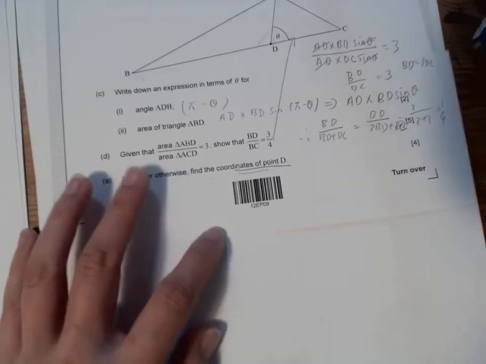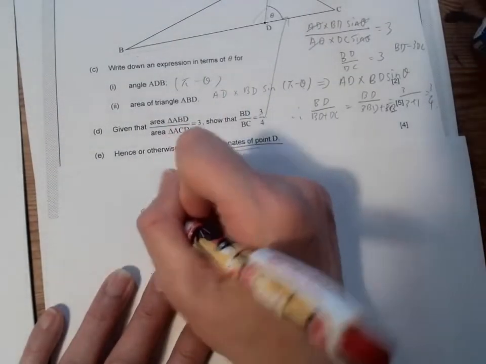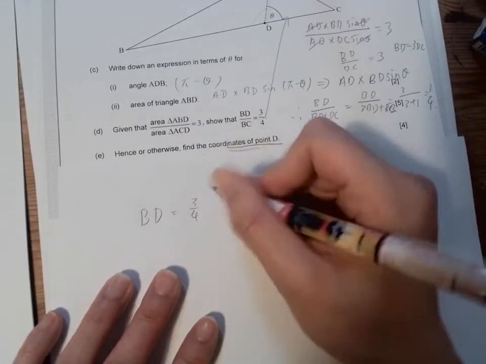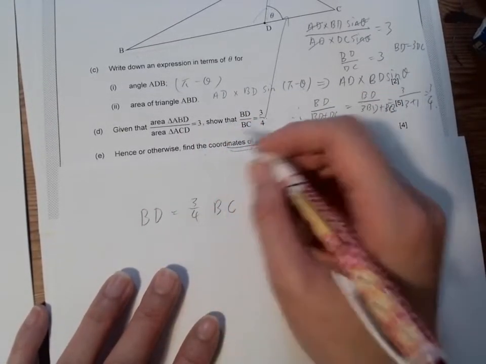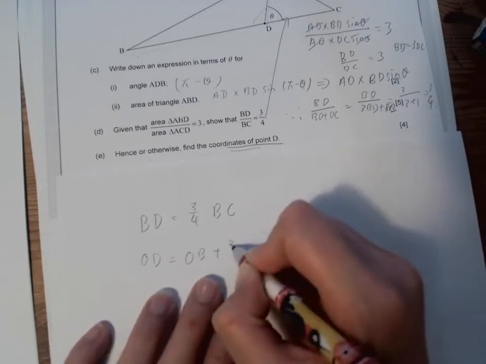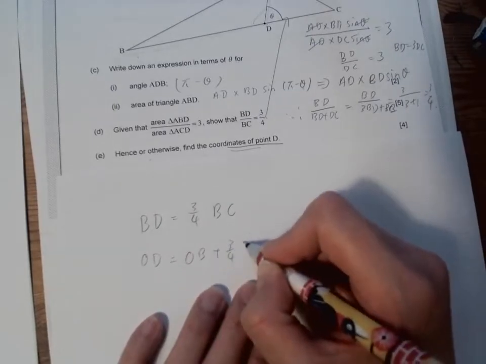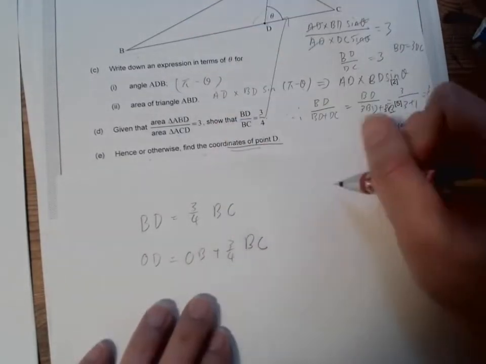We will have BD equal to 3 over 4 BC, because we throw this to the other side. And then OD will be equal to OB plus 3 over 4 BC.